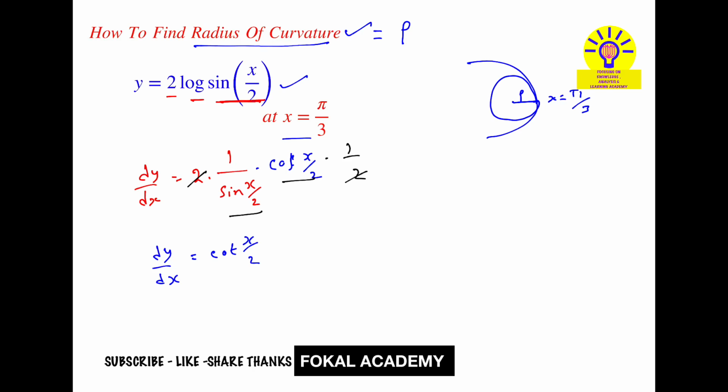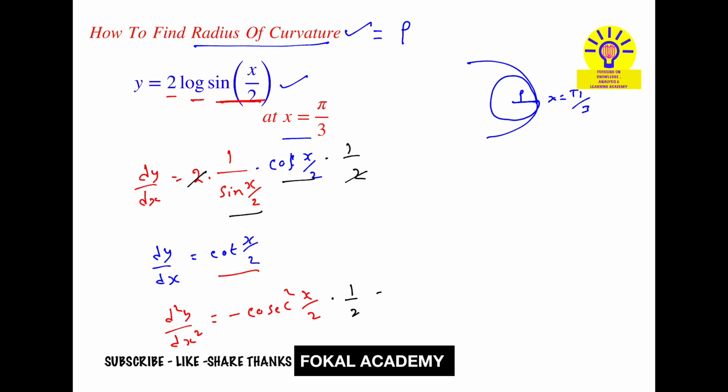Now again differentiate this equation to get the second derivative. That is d square y by dx square, equal to the derivative of cot x by 2, which is minus cosecant square x by 2. Again x by 2 is a function of x, whose derivative is 1 by 2.